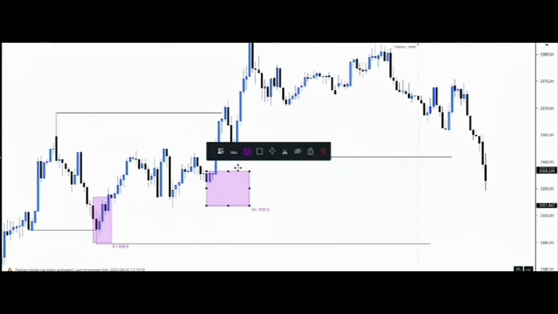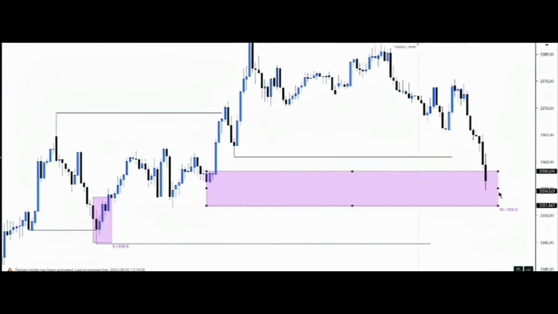If we mark out this candle, look, it has a fair value gap, and this is what you need. This candle's low and this candle's high are not interacting, leaving this gap. So that's what you need, and therefore that becomes our area of interest.